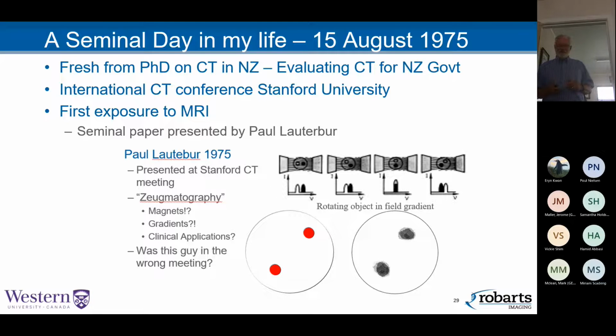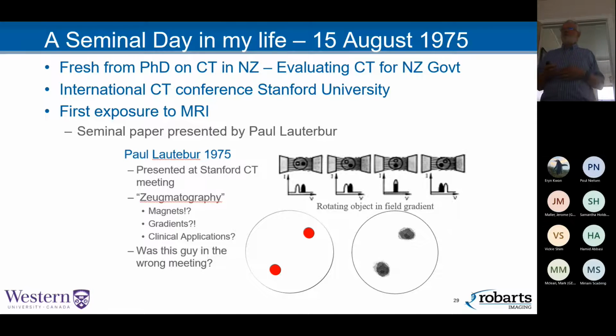And his research would put objects into magnets and use these things called magnetic field gradients, which would make the magnetic field stronger at one end than the other. And by rotating these field gradients, he would be able to reconstruct an object that looked like that into these two blobs.